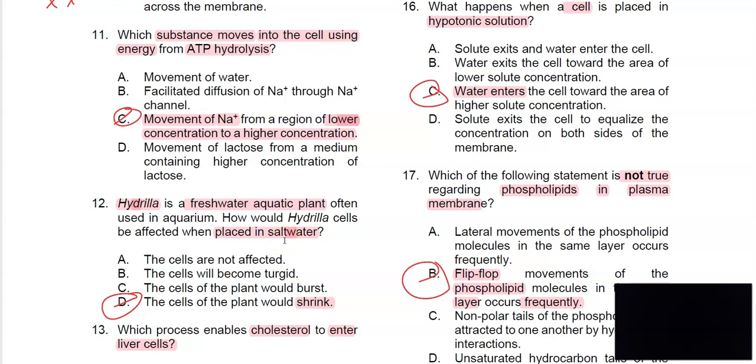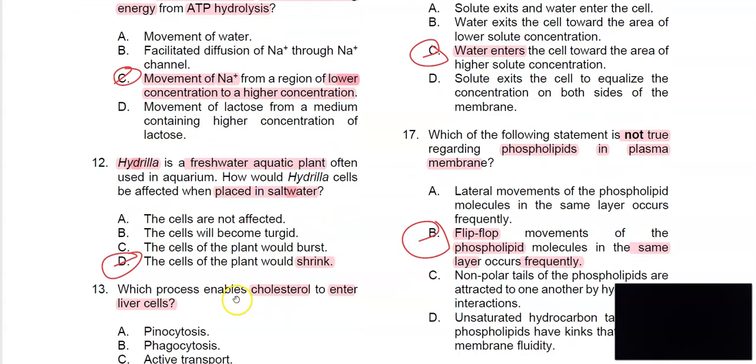This will cause water from the cell of the Hydrilla to diffuse out through osmosis and causes the cell of the Hydrilla to shrink. This phenomenon we call plasmolysis. The cell is plasmolyzed. The process is plasmolysis, where the plasma membrane will shrink away from the cell wall.